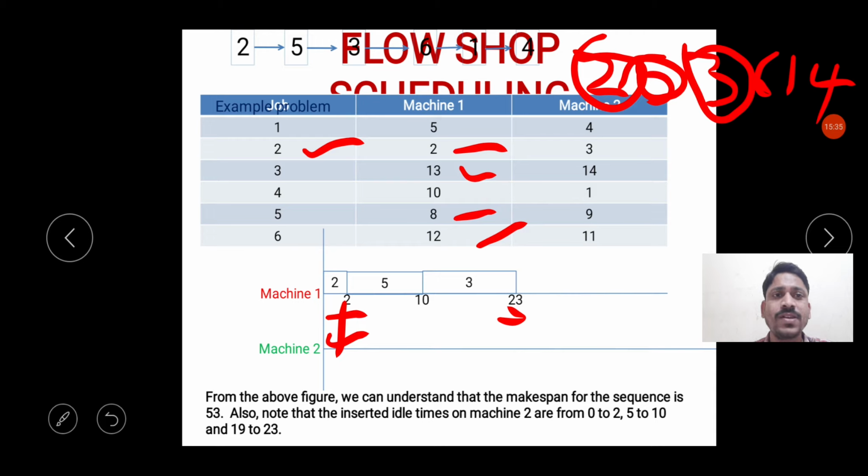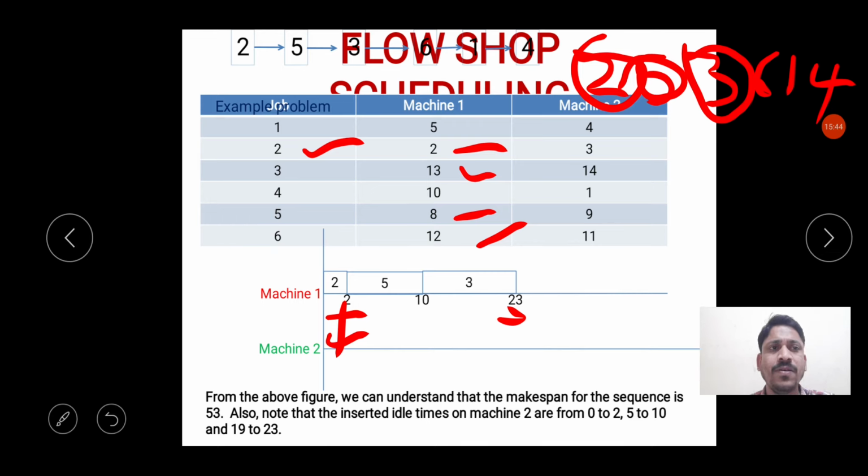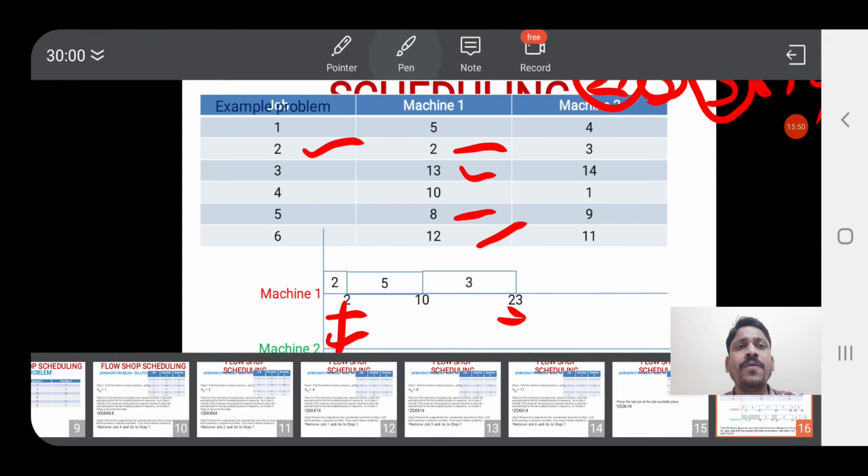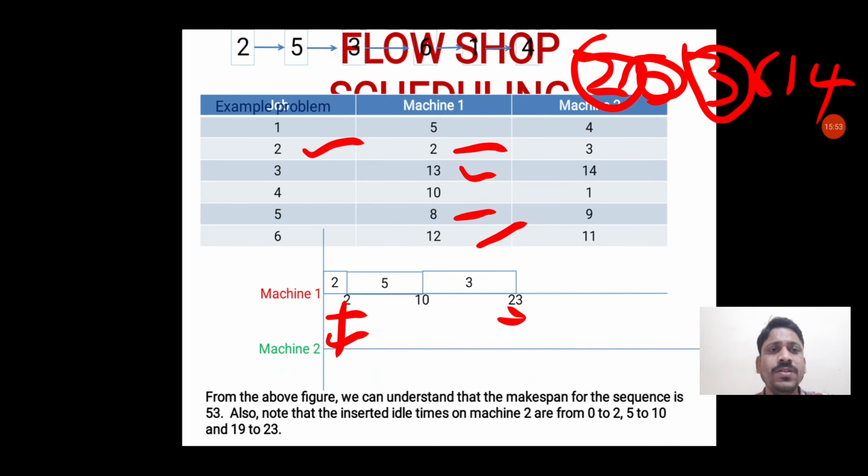So job 6 on machine 1 starts at 23 hours and is to be processed for 12 hours. So 23 plus 12 is 35. Then from 35, as per our sequence, the next job is job 1.